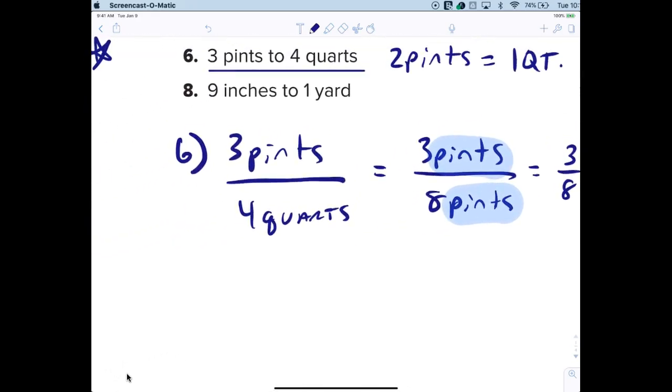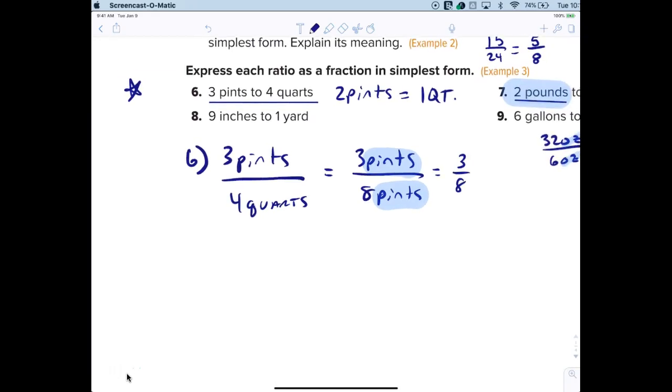So 9 inches to 1 yard. So I need to figure out how many inches in a yard, so we can look that up. Inches in a yard, which would be 36 inches in a yard. Does everybody agree with that? All right, so now we can do for number 8.